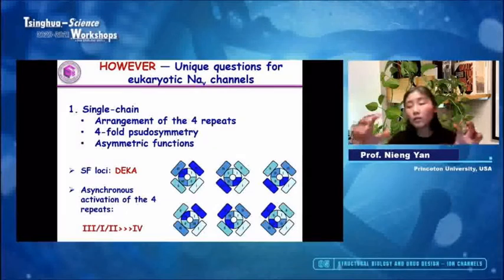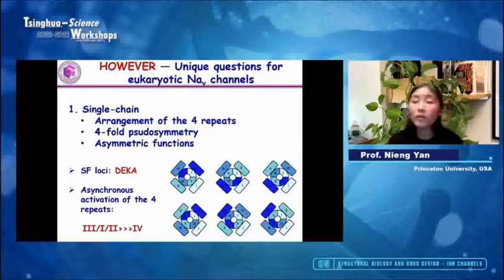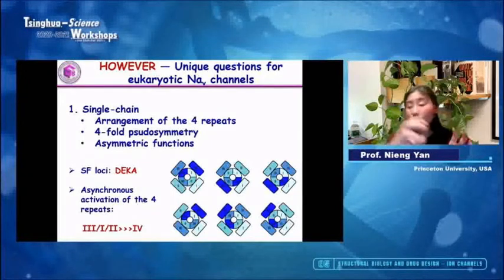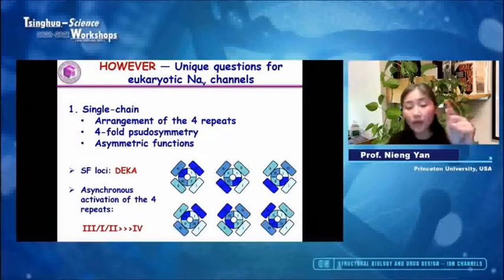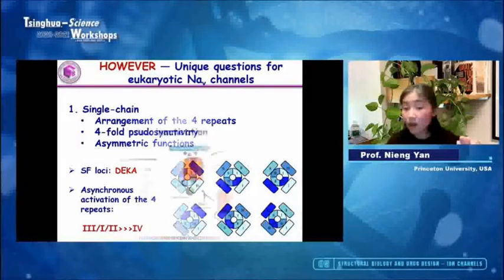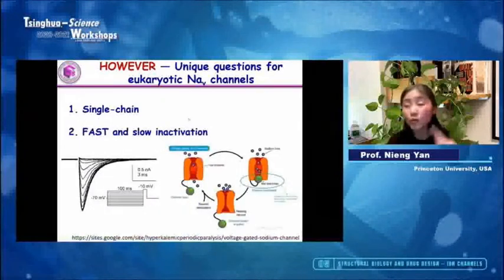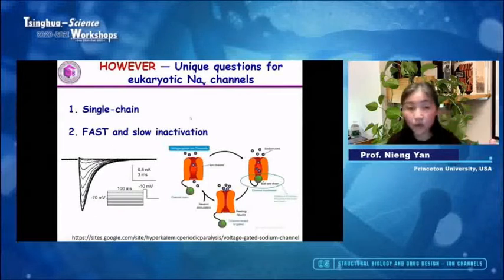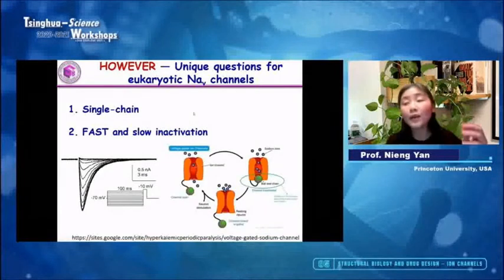And, because this channel is made of a single chain, it was already shown through biophysical approaches that the repeats do not activate simultaneously. In fact, the first 3 repeats activate faster than the last one. And activation of the last repeat 4 actually leads to another important process known as rapid or fast inactivation.